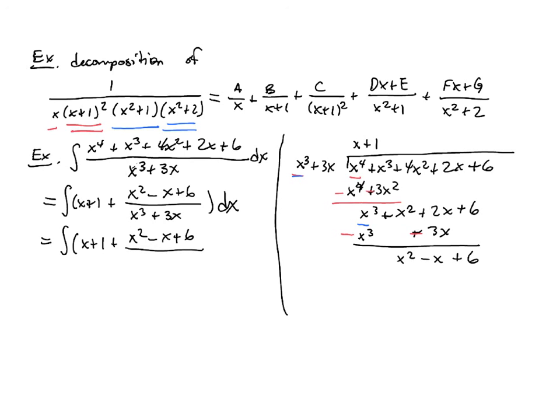Factoring that denominator, I can factor out an x, and the leftover bits are exactly x squared plus 3, which is an irreducible quadratic factor.